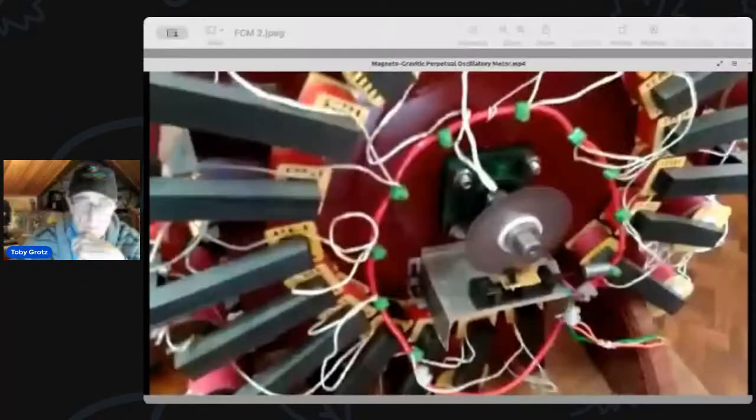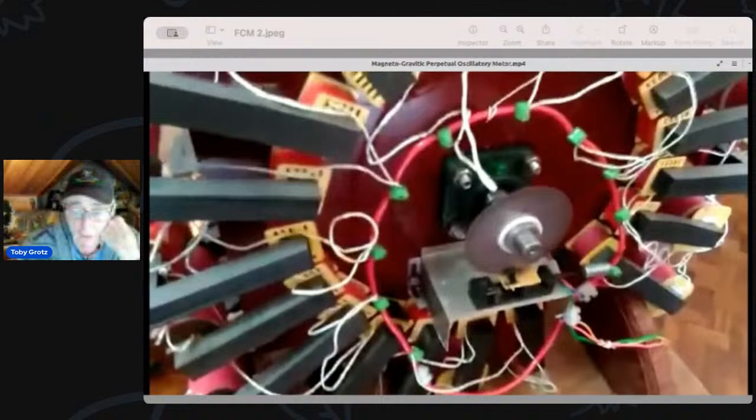And stop screen. Okay. We're going to present the next shot. This is a picture of it, so it's a little bit clearer than the video. So these are the arms that are connected to the coils on the disc. And this is the optical generator right here, the optical trigger right here.